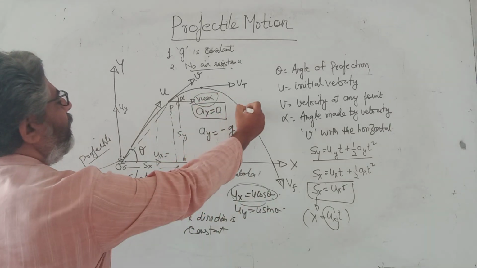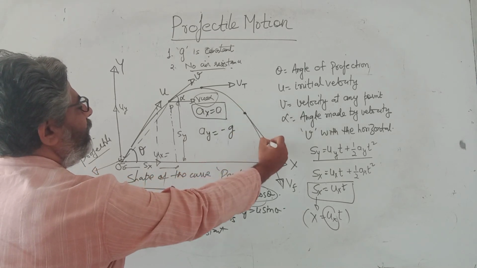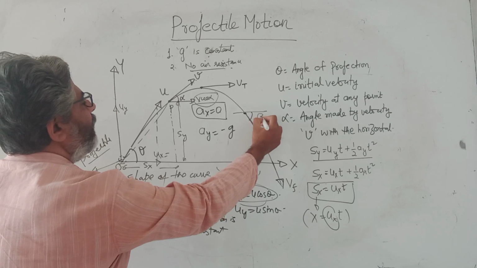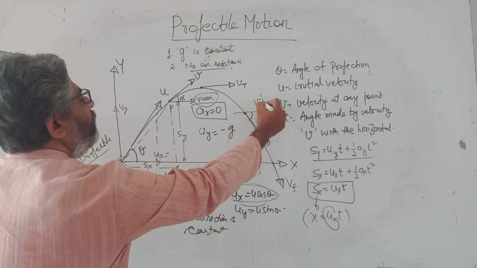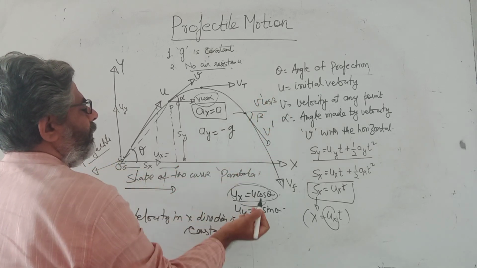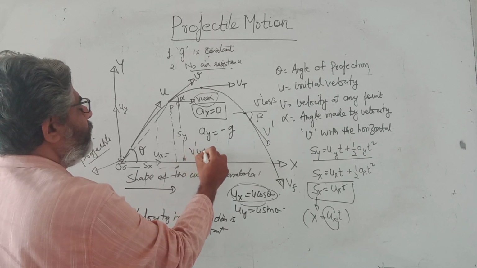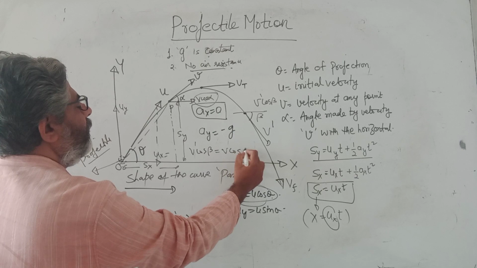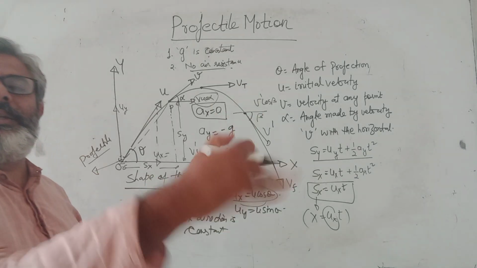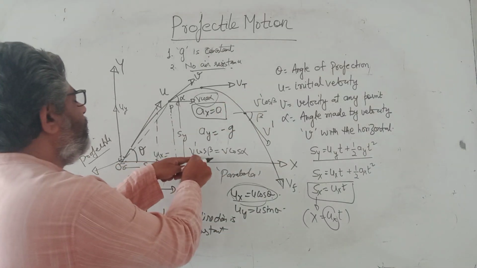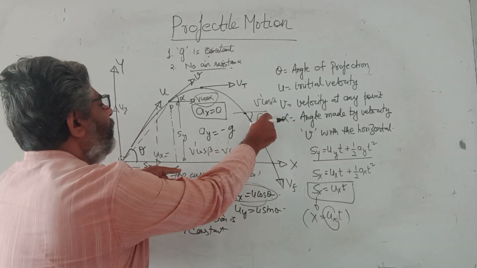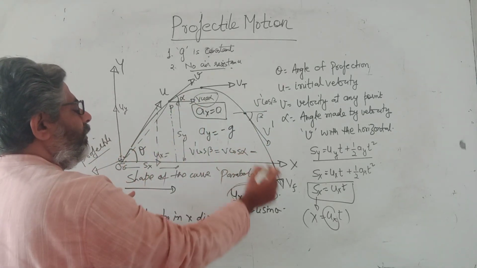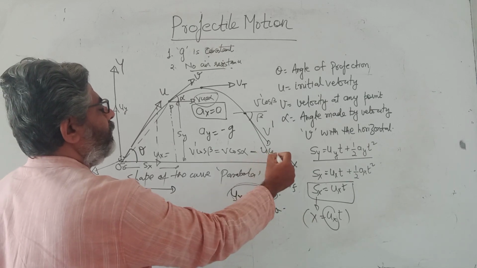Take any other point, and let us say the velocity here is v dash and this angle is beta. So this component is v dash cos beta. You can say v dash cos beta or v cos alpha or any other v and any other angle. This v dash x, vx, ux is the same.